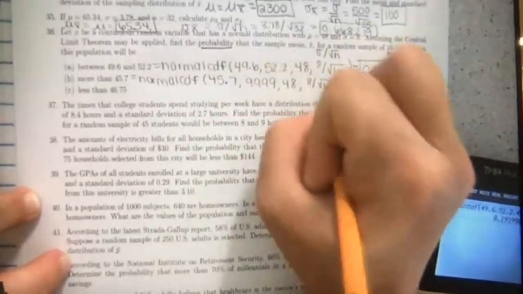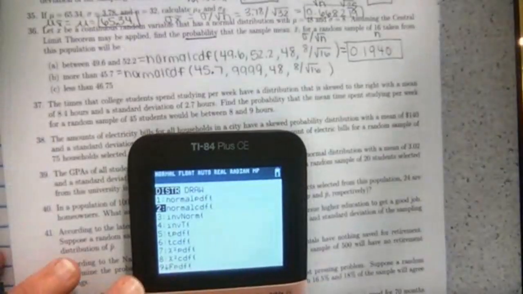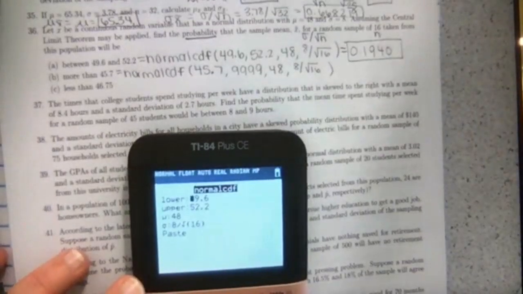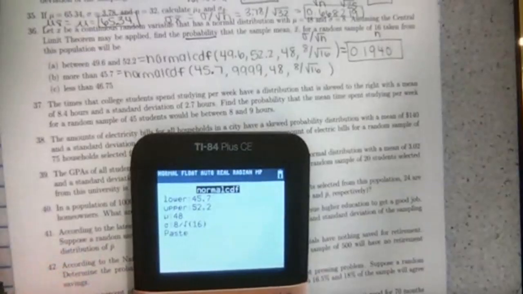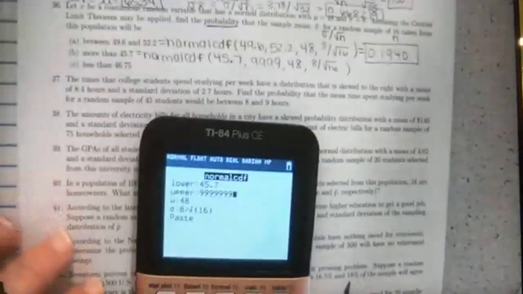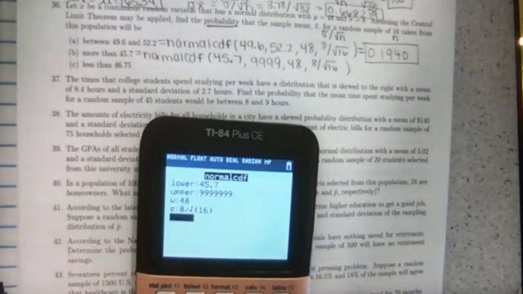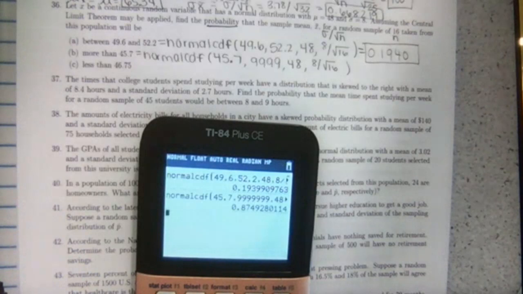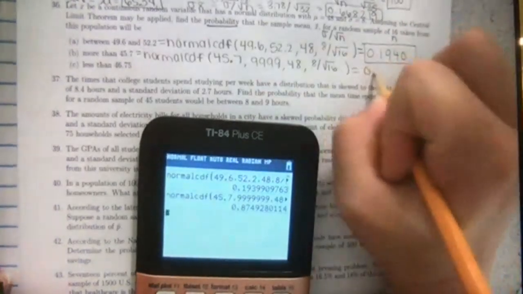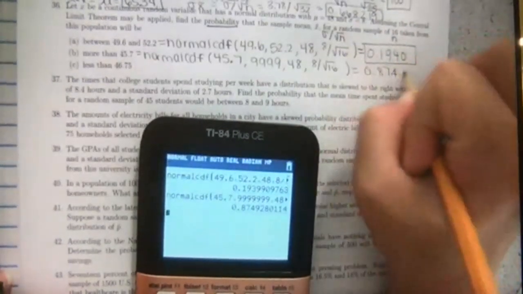My standard deviation is going to stay 8 divided by the square root of 16. So second VARS, normal CDF, my lower limit's 45.7. Upper limit's infinity, so 99999. My mean is still 48. My standard deviation is still 8 divided by the square root of 16. And that will give us 0.8749.